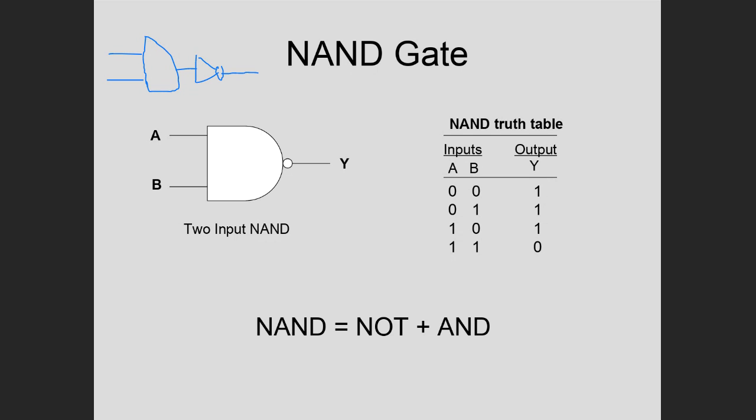So I have the AND part right here, and then the NOT part right here. They combine a NOT and an AND and they call it a NAND gate. A NAND gate is a NOT AND gate.